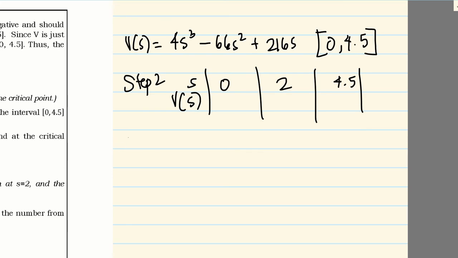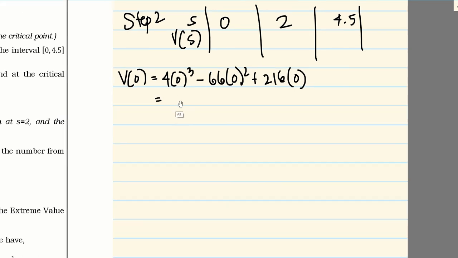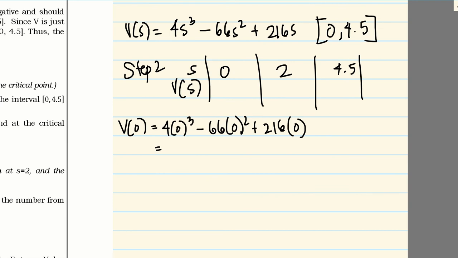Now we're gonna put that one over there and evaluate it. V(0) is 4 times 0 cube minus 66 times 0 square plus 216 times 0, so this is 0.